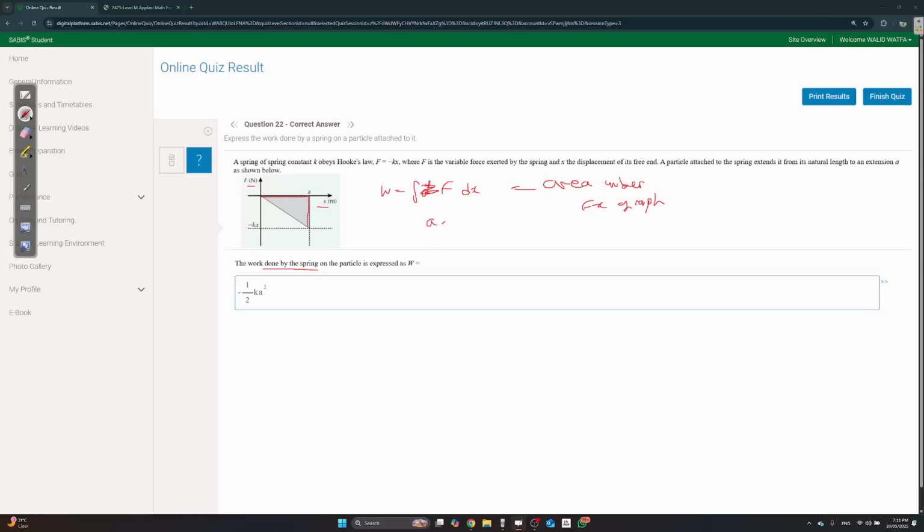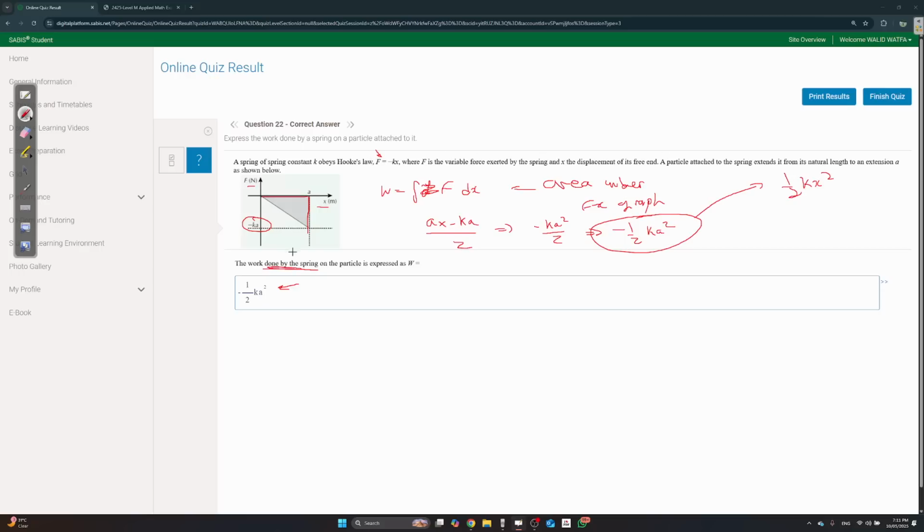Its base is A. Its height is negative kA. And since it's a triangle, base times height over 2, so you're going to get negative kA squared over 2, which is just negative half kA squared. That's it. And this is exactly the same as our rule, half kx squared.